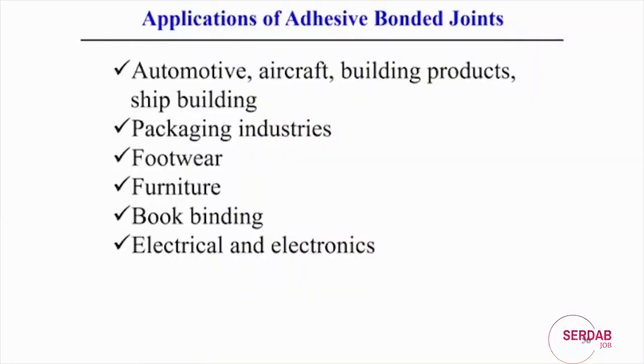Typical applications of adhesive bonded joints are found in the automotive, aircraft, building products and shipbuilding, packaging industry, footwear, furniture, book binding, electrical and several electronics industries. We can find adhesive bonded joints in these typical industries or fields.